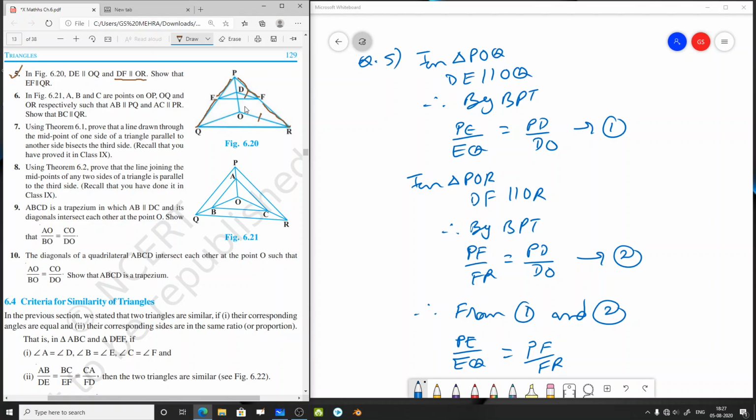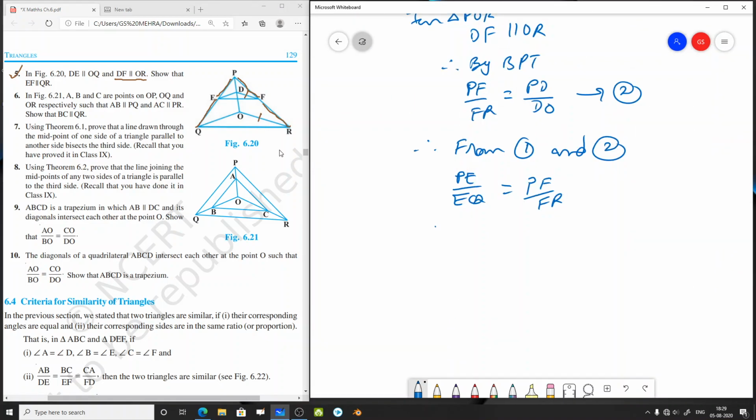So we can say that EF is parallel to QR, by the converse of BPT. So here we are getting PE over EQ equal to PF by FR. So by the converse of BPT, EF is parallel to QR. So this is the proof.